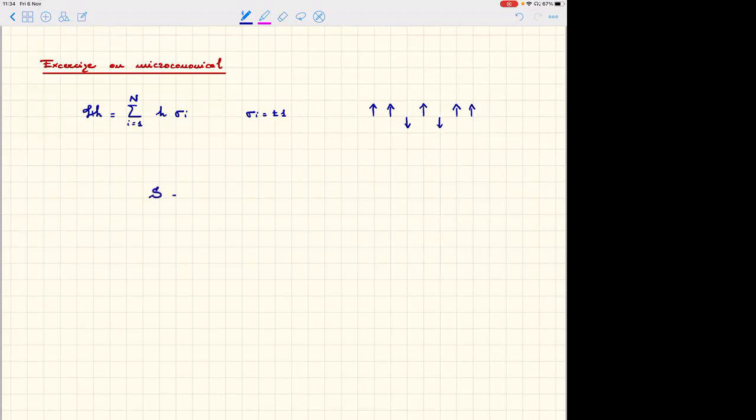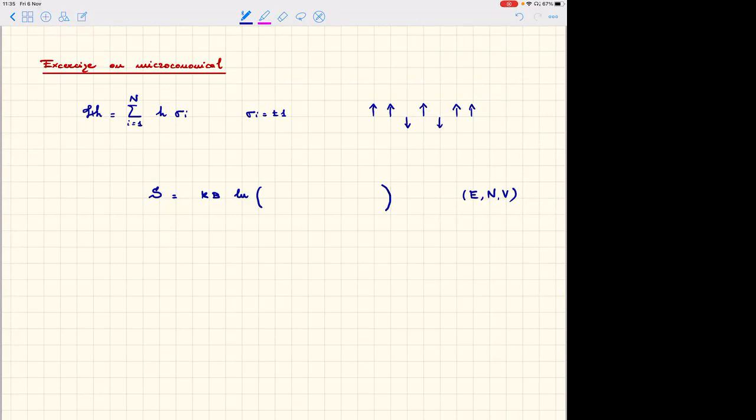So the entropy is equal to k Boltzmann times the log of what in this case? I'm working in the microcanonical ensemble, therefore I have a given energy, a given number of particles, and of course a given volume. My spins are sitting on a certain lattice.